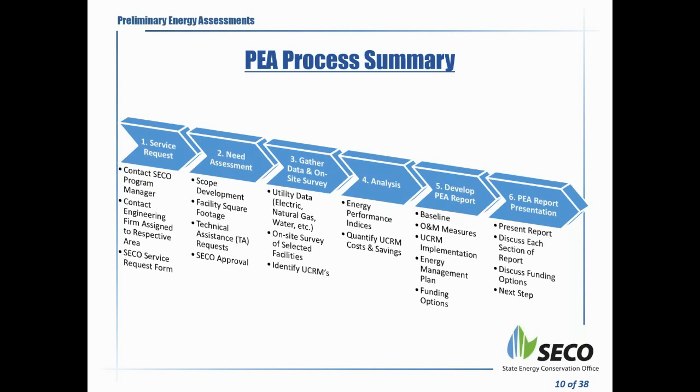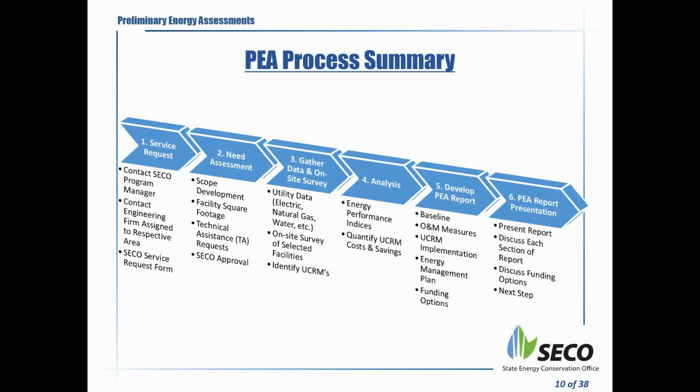Once we identify the scope, we'll get an internal SECO approval to go do the PEA project. Sometimes it's also useful to do an on-site need assessment, a quick on-site meeting, to take a quick look at the facilities. So it depends on the individual owner and client.